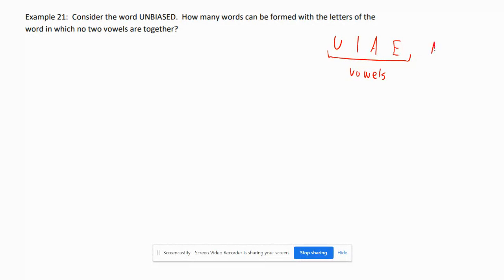And then we have N, B, S, D. N, B, S, D are four consonants. Okay, so we have 1, 2, 3, 4 consonants over here. So there's 4, 3, 2, 1, and then I have 5 arrows where my vowels could go over here.